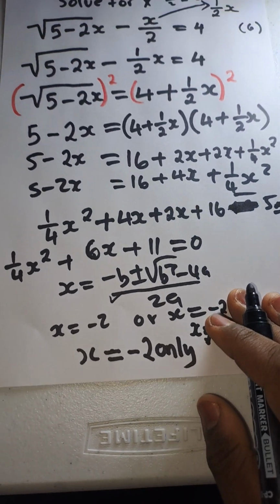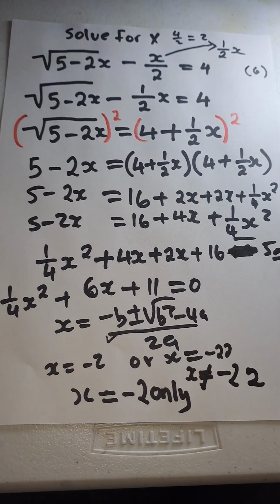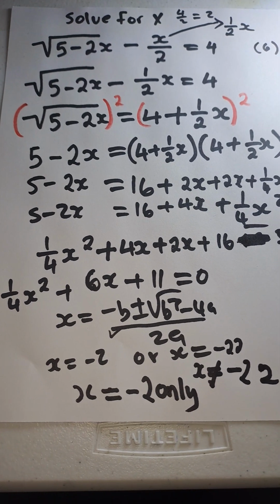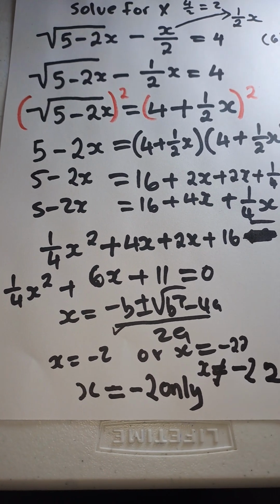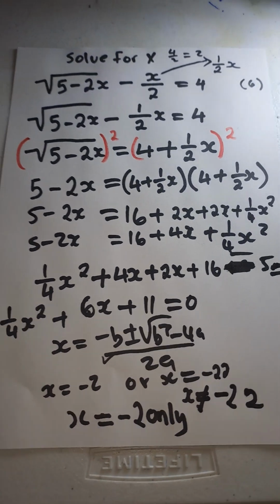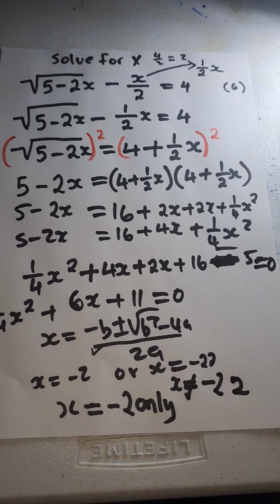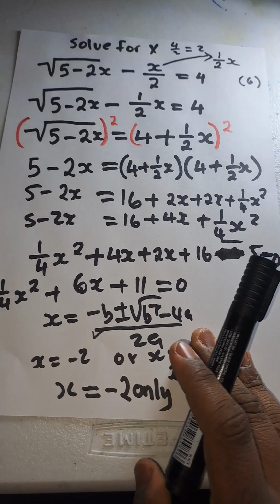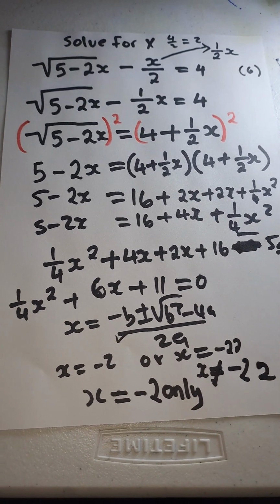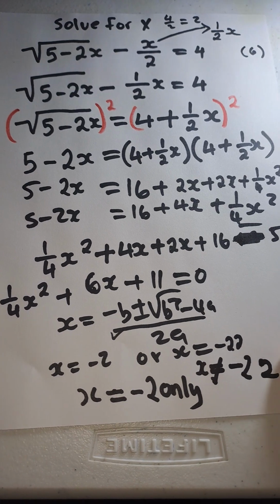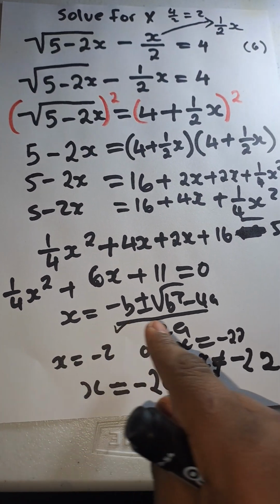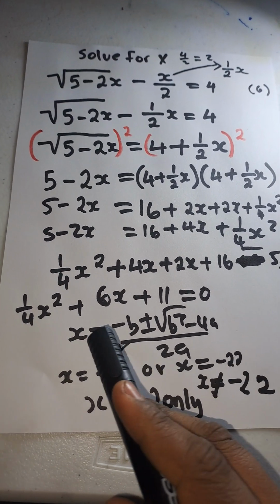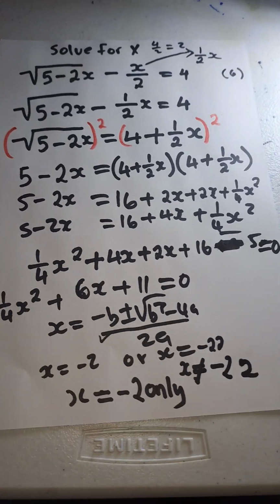That's how we solve equations with square roots. You start by isolating the square root on one side, then you square both sides to remove the root, and do your maths. When you find the two values of x, take your calculator and confirm them. If both are valid, then both values of x are valid. But as I showed you, only minus 2 is valid, so it is the only answer.